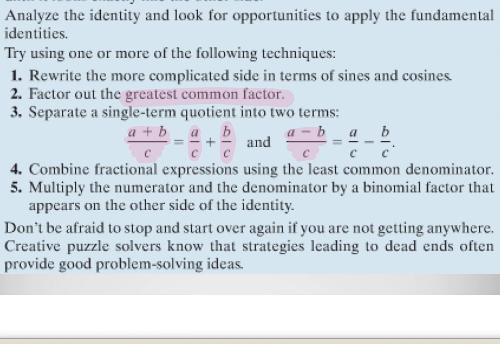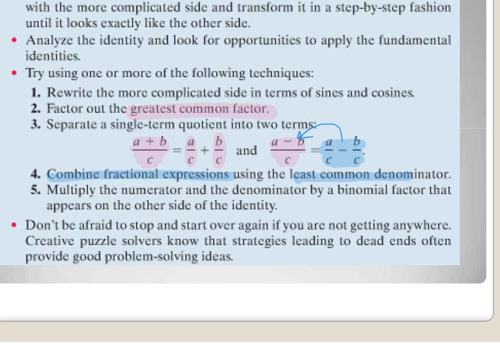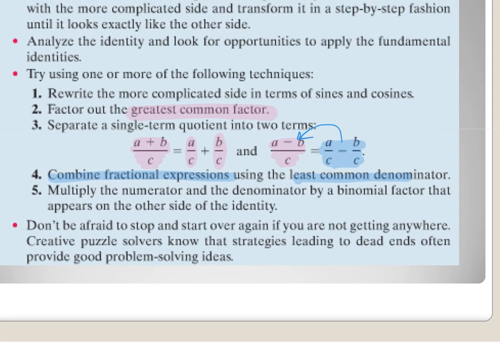So you would separate them out, and they both get the same denominator. The reverse of that is if you have to combine fractional expressions. So if I had something like what's here on the right, I would combine it to get to the left. Usually that means we have to find a least common denominator. So if you've got two fractions, you want to get it down to one by finding a least common denominator. And then sometimes we have to multiply the numerator and the denominator by the binomial factor that appears on the other side of the identity.